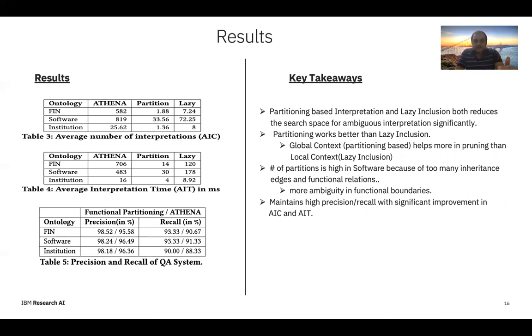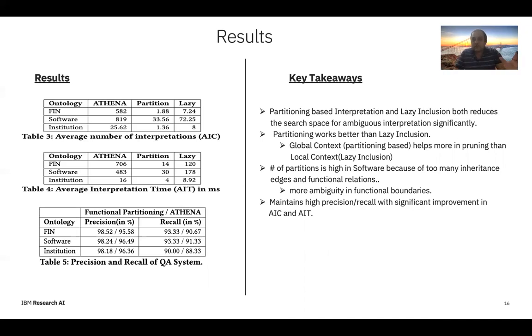Clearly you see the AIC and AIT results are correlated, which is expected. For both partition and lazy inclusion, both of them significantly reduce the number of interpretations. But partition typically works better than lazy inclusion, and this can probably be explained by the fact that partition takes more of a global context view.